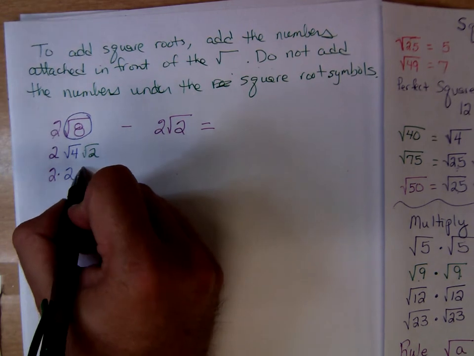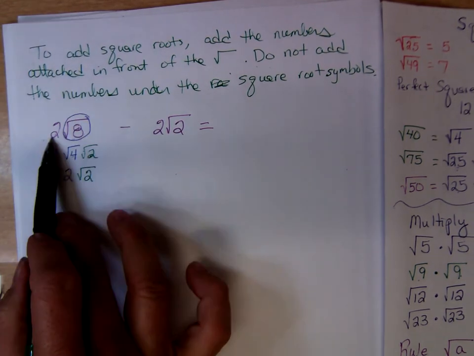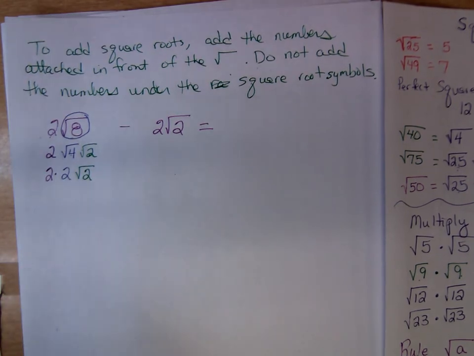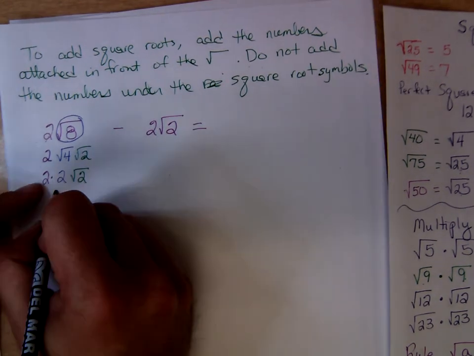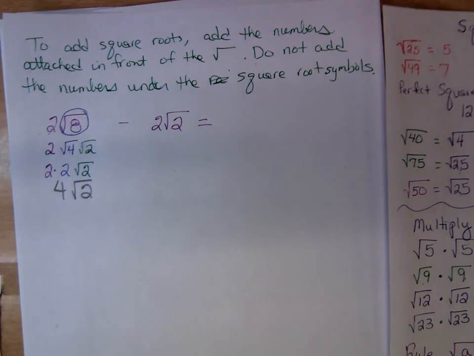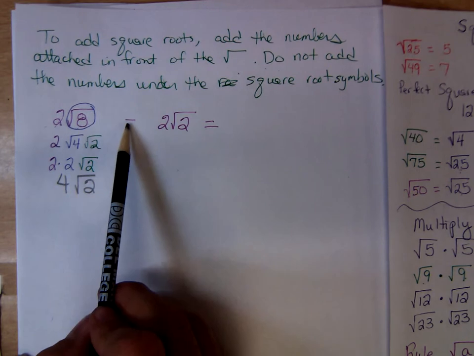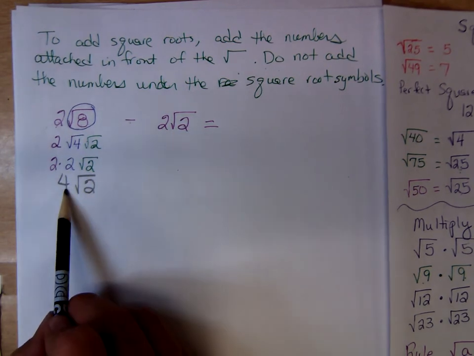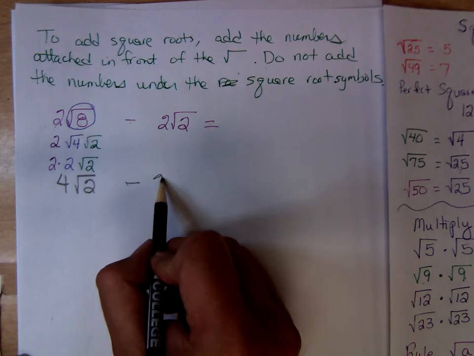So this 2 square root of 8, we could simplify all of that down to what? We could simplify that down to a 4 square root of 2. So the problem, 2 square root of 8 minus 2 square root of 2, is actually 4 square root of 2 minus 2 square root of 2.